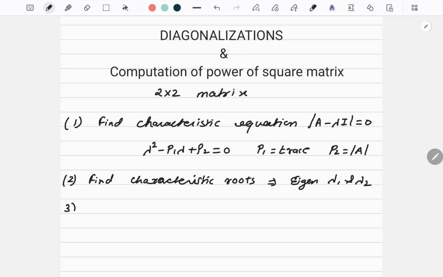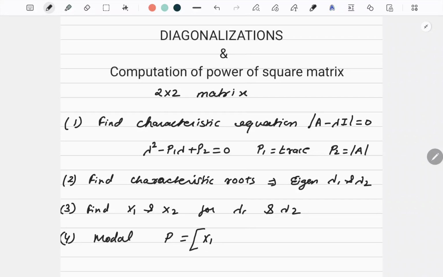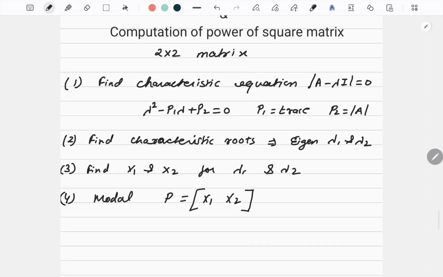Then the third step: find the eigenvectors x1 and x2 for lambda 1 and lambda 2. Then the fourth step: you form the modal matrix. The modal matrix P is given by x1 and x2, both eigenvectors written as columns.